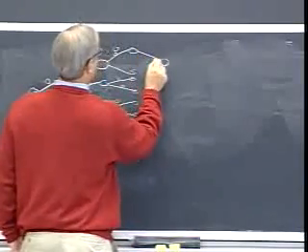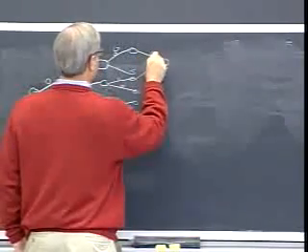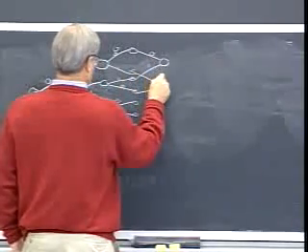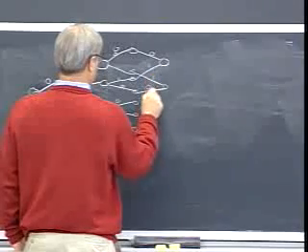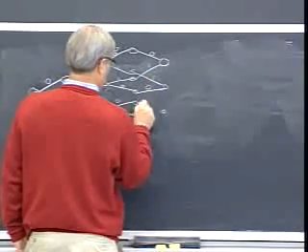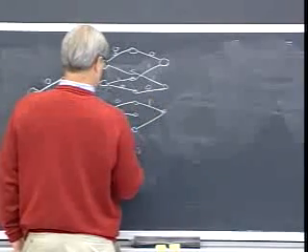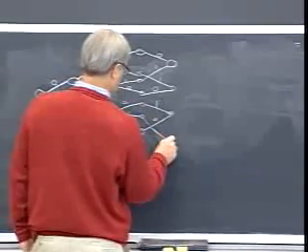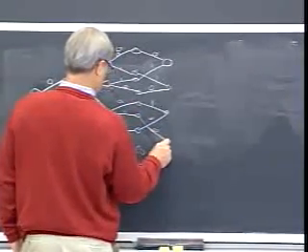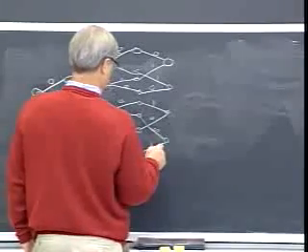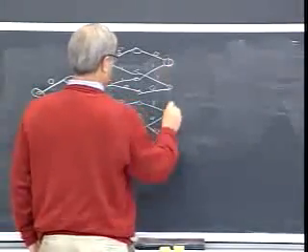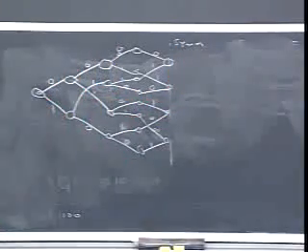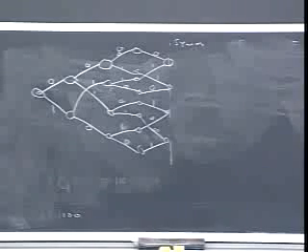And this time, then I come in here, 0, 1. Anyway, and then it's symmetrical on the other side. So that's what a full trellis will look like.